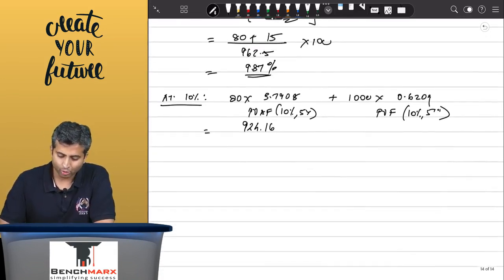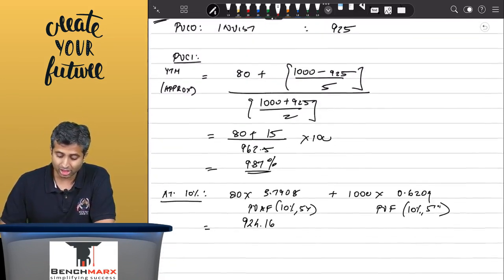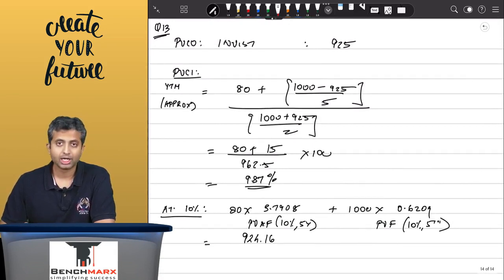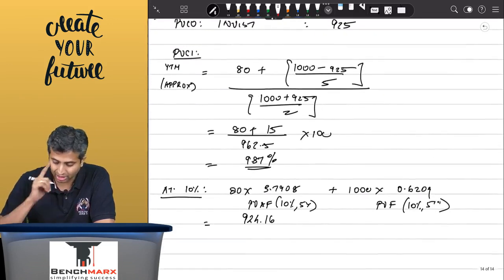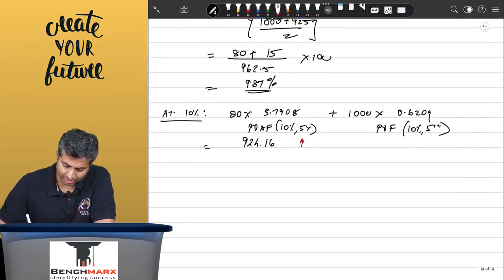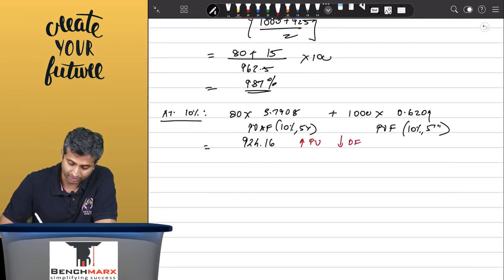However, if you want to be absolutely accurate, you need a number over here greater than 925. So you'll have to increase the present value. There's an inverse relationship, so you decrease the discounting factor. You can say probably at 9%.